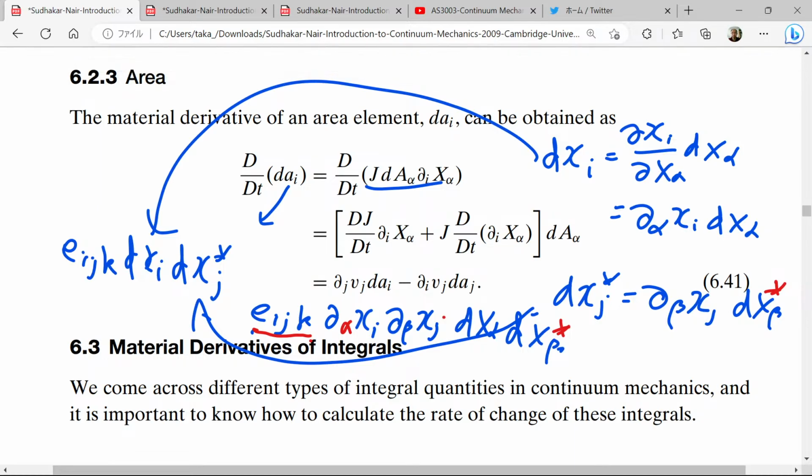Sorry, here from the beginning, this has to be jk. But this is ai. So this is a jk.